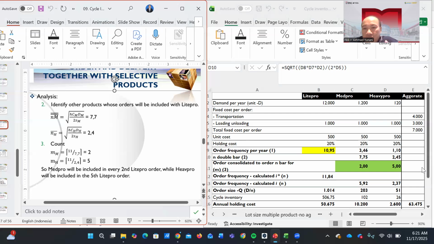So the fifth order of Light Pro, we will include order for HiFi Pro. The fifth order and the 10th order and the last order of Light Pro, we include the order for HiFi Pro. This is the calculation of order to be consolidated for Mac Pro and HiFi Pro to be consolidated in the order of Light Pro. Okay, go on next step.